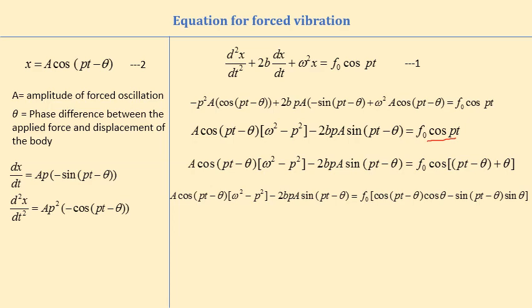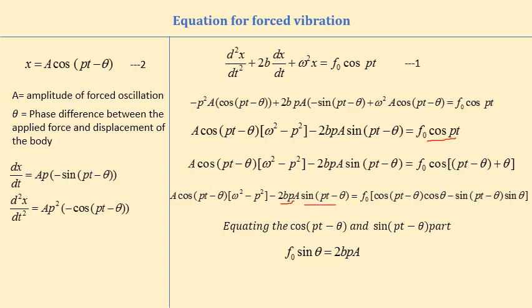Now compare or equate the terms with cos(pt - θ) and sin(pt - θ) on both sides. So we will get f₀ sin θ = 2bpA, because along with this term we have sin(pt - θ). If we compare the other terms with cos(pt - θ), we will get f₀ cos θ = A(ω² - p²).